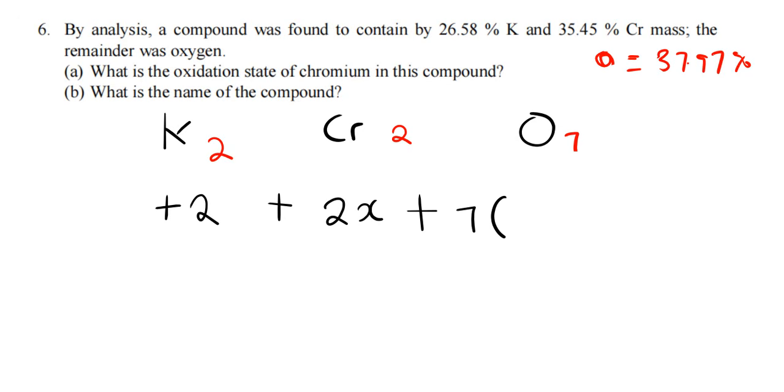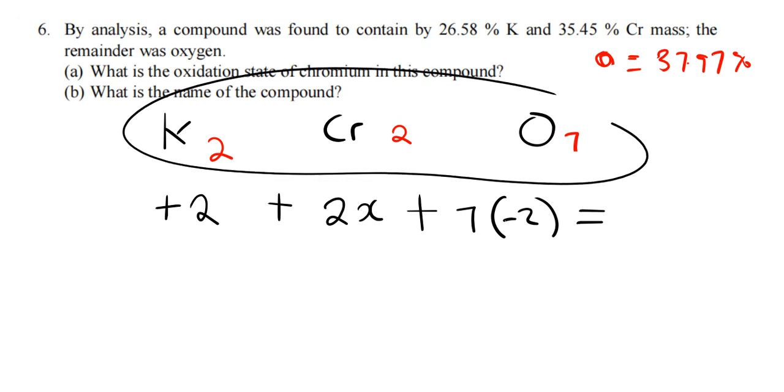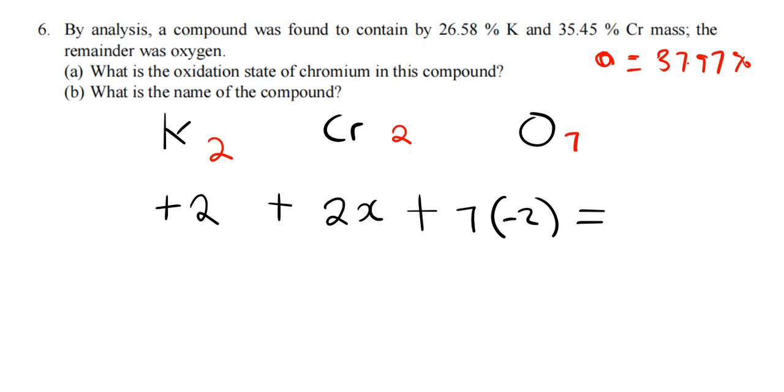The oxidation state for oxygen in this compound, what is it going to be? It's going to be -2, right? This whole compound is going to give us the overall charge. Since there is no charge on this compound that we've written, the overall charge is going to be 0. Then we solve our equation. So I'm going to have 2 plus 2x minus 14 equals 0.